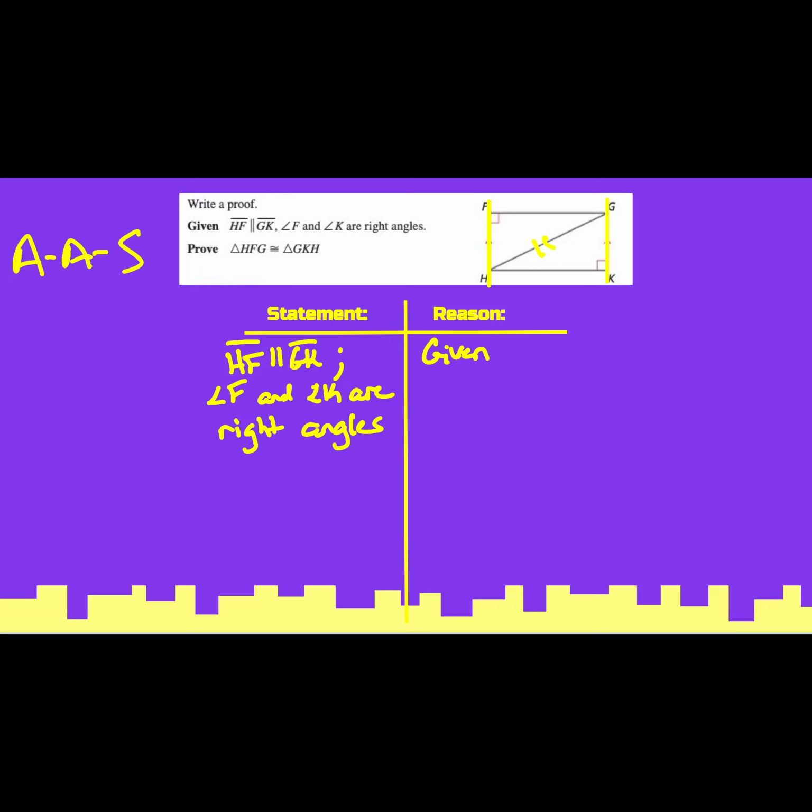They're congruent. I'm not trying to trick you. If F and K are both right angles, then they're both 90 degrees, which means they're both congruent. So our first statement can be angle F is congruent to angle K. So here would be an angle.